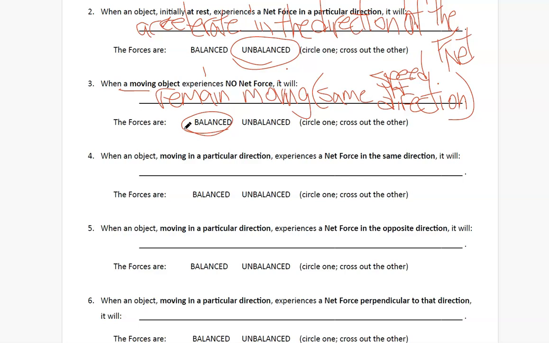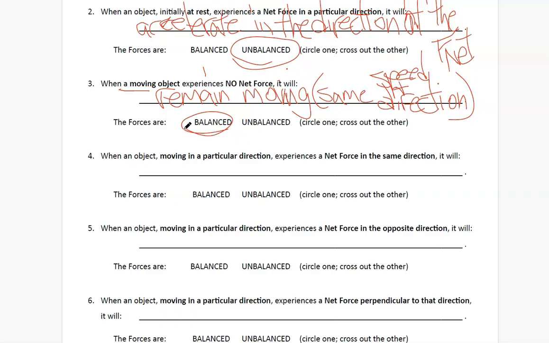Number 4, when an object moving in a particular direction, okay, so it's moving, experiences a net force in the same direction. All right, so now it's already moving, presumably at a constant speed, in a constant direction before the net force happens. Now there's a net force in the same direction as the current movement of this object.